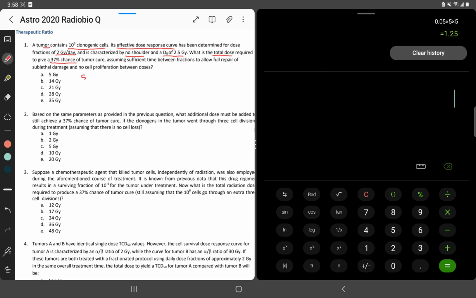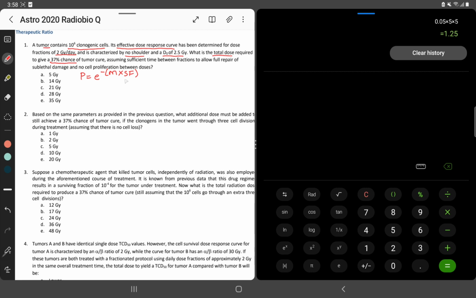So the formula for probability of tumor cure equals e to the power of minus m into SF, where P is the probability of the tumor cure, m is the number of mitotic clonogenic cells, and SF is the surviving fraction.